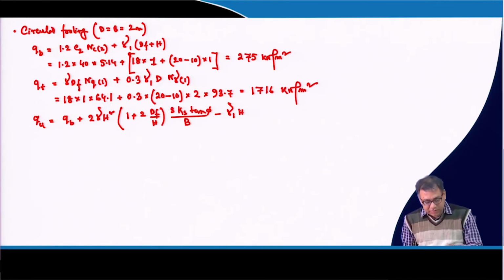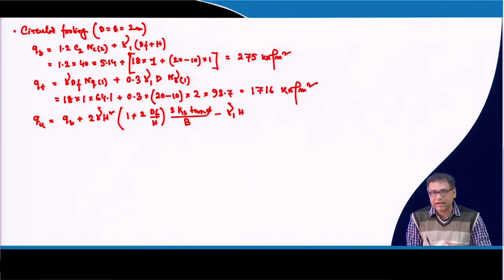For the circular footing, the Q ultimate equation is given, but in this case the top layer is sand, and also the water table is there. So, we have to do the modification.